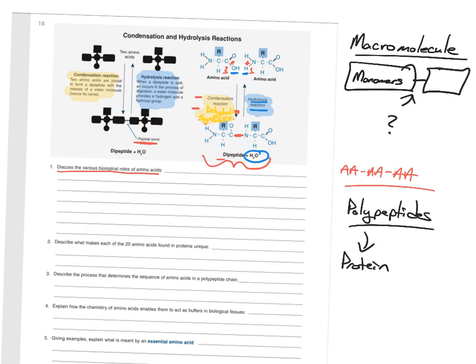And proteins can do anything from function as an enzyme, and we'll talk about what enzymes do later. They can function as structural, so your skin, your hair, we've talked about that a lot. Proteins can act as color absorbers. They can absorb light.